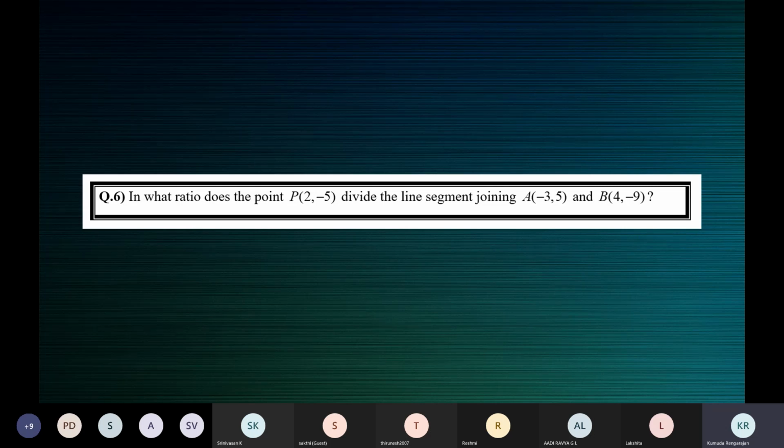In other words, we can use 2 or minus 5. The point of division is P. You can use 2 or minus 5 to find the ratio. Let's see how it works.